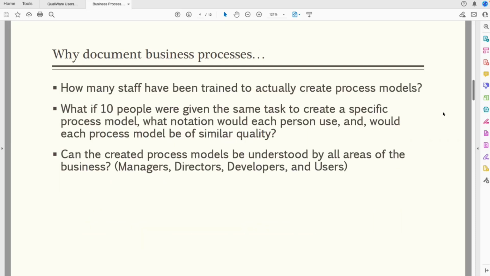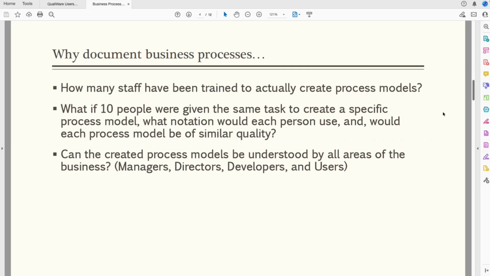So why document our processes? Continued. How many staff have been trained to actually create process models? Think about your own organization and in your own little unit. How many people have actually been on a course to actually create process models? Or were you just given something like Visio or some other tool and people create the standard flow chart?